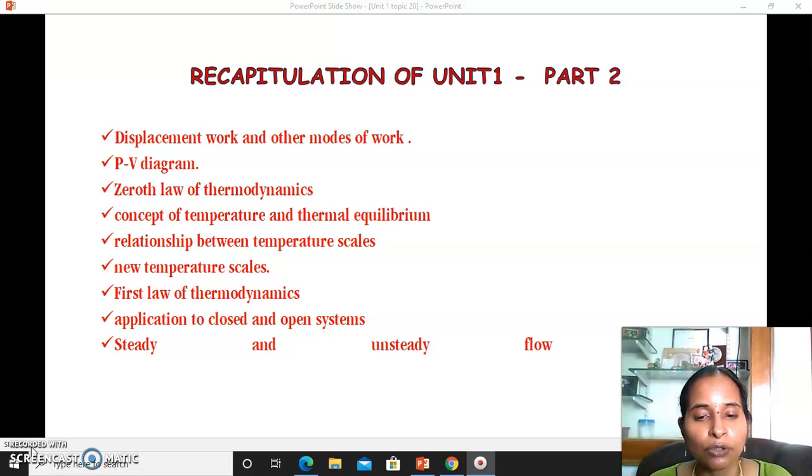Please try to make use of these individually and in a combined manner, and just try to solve the problems.